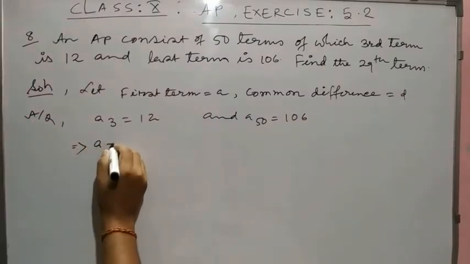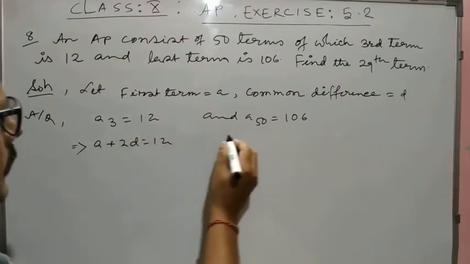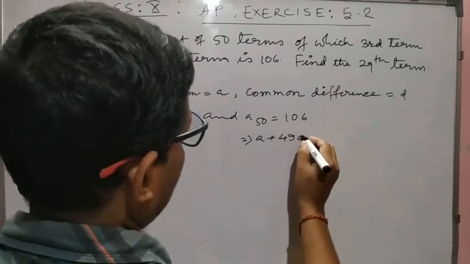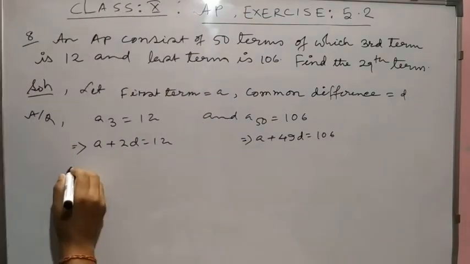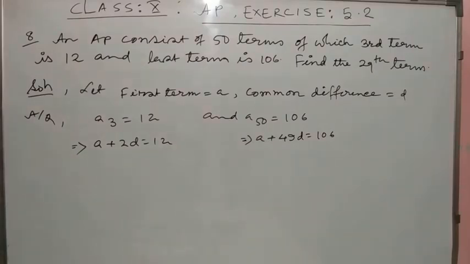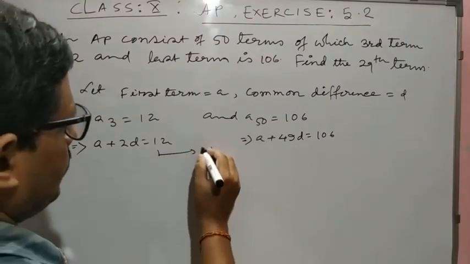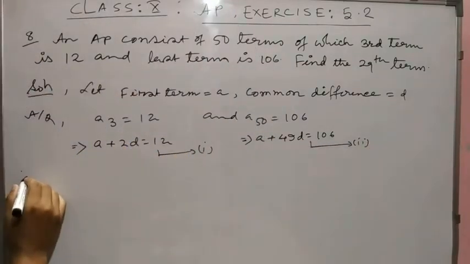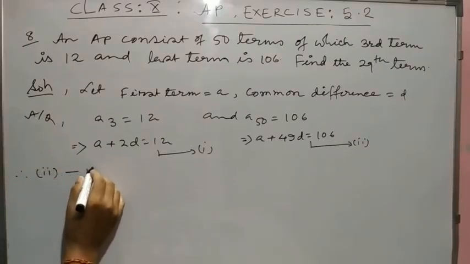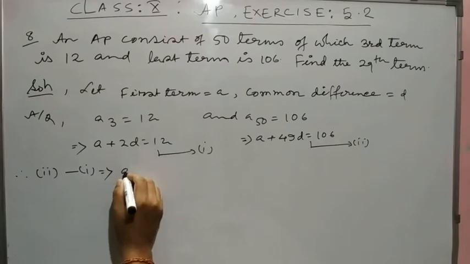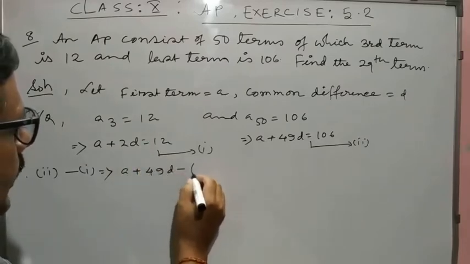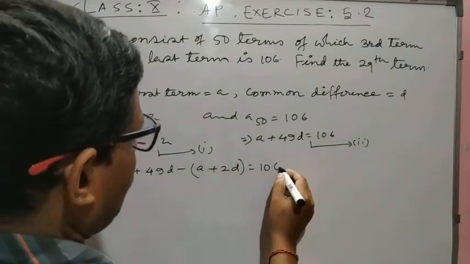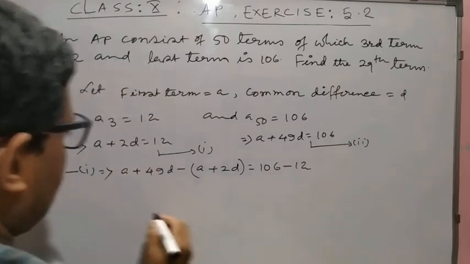So third term means A plus 2D, and 50th term means A plus 49D equals 106. This is equation one and this is equation two. Now subtract: 2 minus 1 implies that (A plus 49D) minus (A plus 2D) equals 106 minus 12.